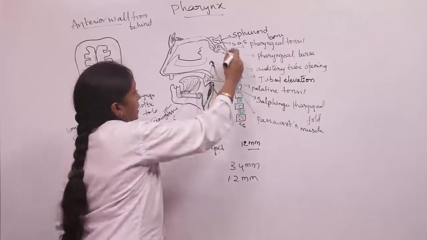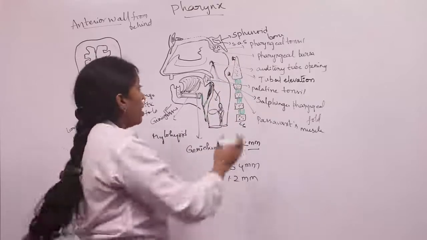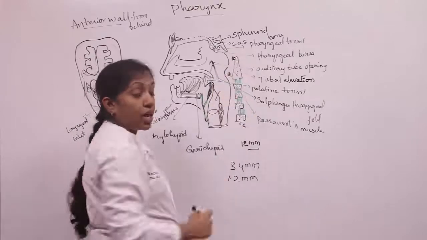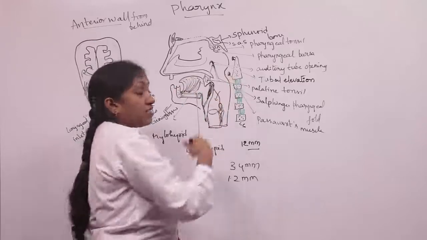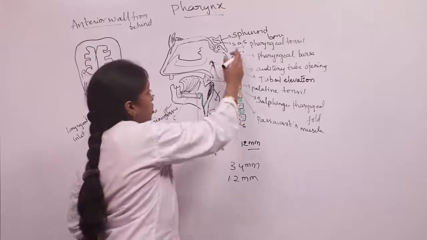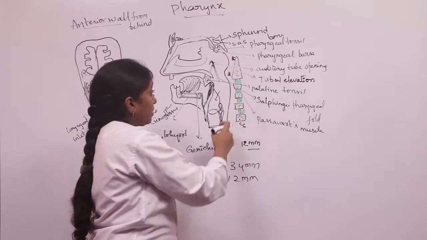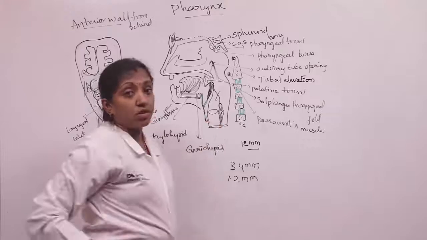So behind it is related to the upper 6 cervical vertebrae, pre and paravertebral muscles which cover the cervical vertebrae, and the retropharyngeal space and its contents. Those form the posterior relations of the pharynx.